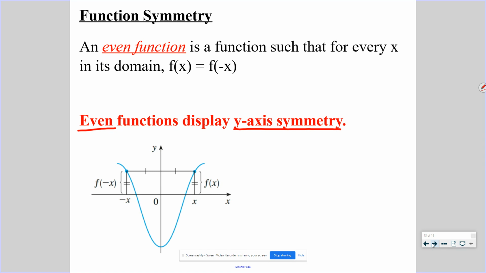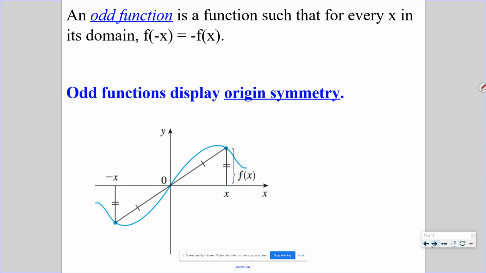It's, I think, part of a sine wave, but even functions display y-axis symmetry. Odd functions display origin symmetry. So this would be like your x cubed function, your reciprocal function. I'm sure there's others I'm not thinking of right now, but those are a couple that come to mind at the moment.